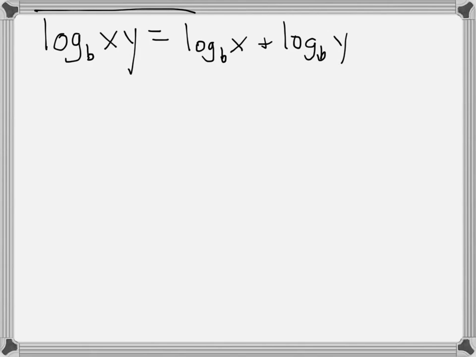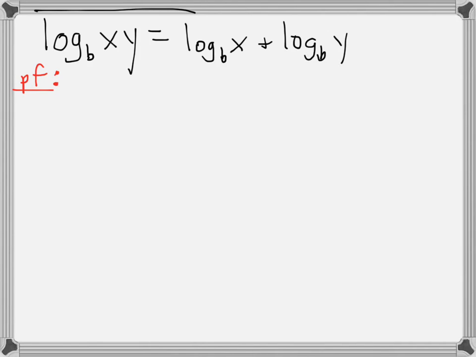I want to prove that the log base b of x times y equals the log base b of x plus the log base b of y. So I'm going to start here to prove it. A lot of times PF stands for proof.